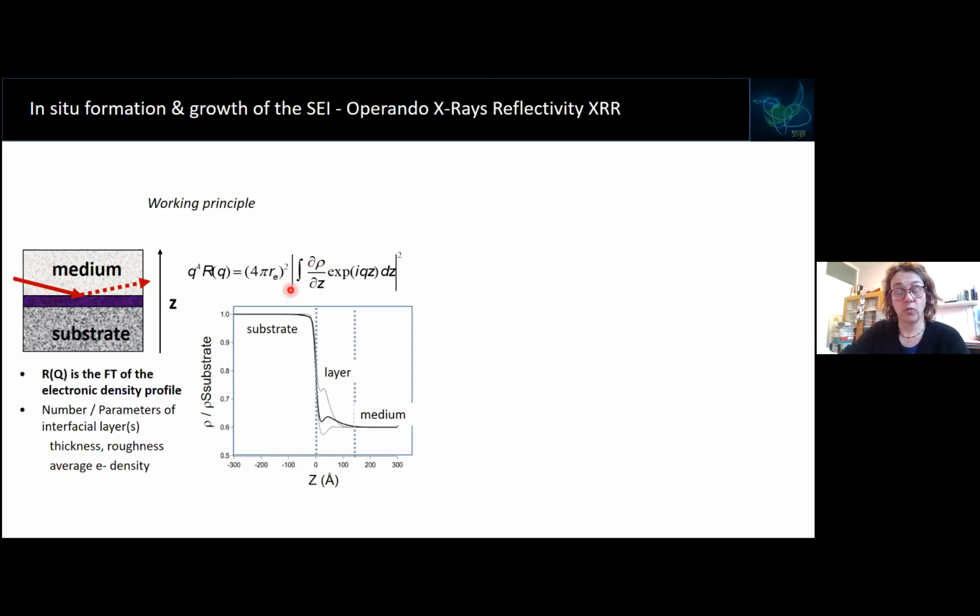So with such measurement, you can have access to the mean electronic density across the thickness of your layer, and you get information in terms of thickness, roughness, and average electronic density of one layer or several layers if you have them in your system.